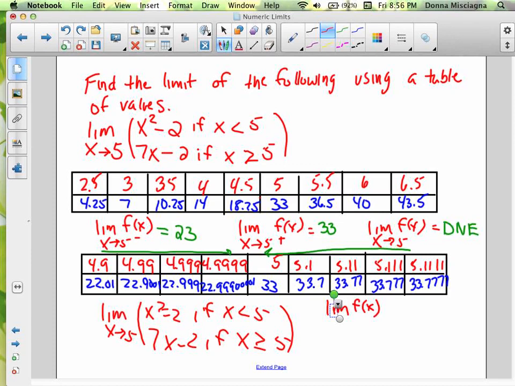If you ever switch and write f of x instead of a function and it's not labeled f of x, make sure you label that function f of x on an AP exam so that's clear to the grader. But I'm not going to write that anymore.